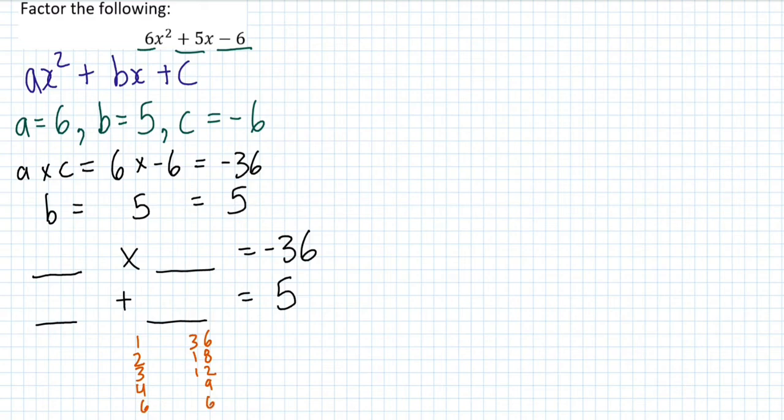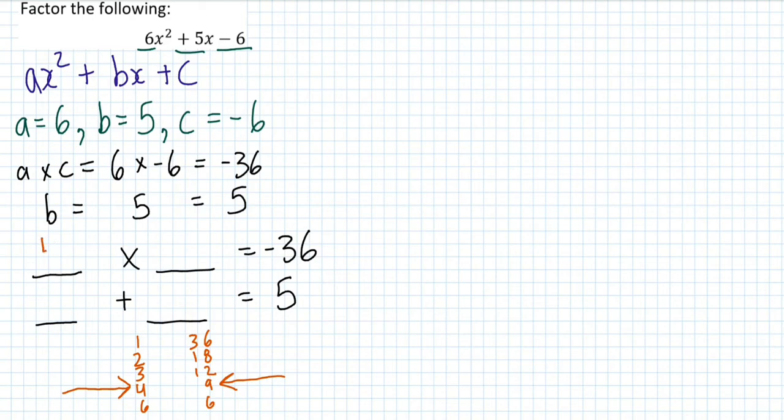So we have to find a combination of these two numbers to give us a product of -36 and a sum of 5. I like these two, 4 and 9. Why? Because they have a difference of 5. We're not sure how we're going to use them yet, but let's start there.